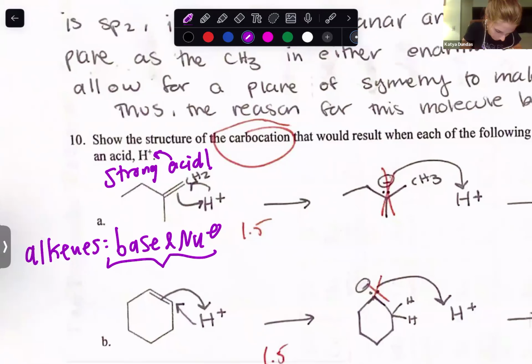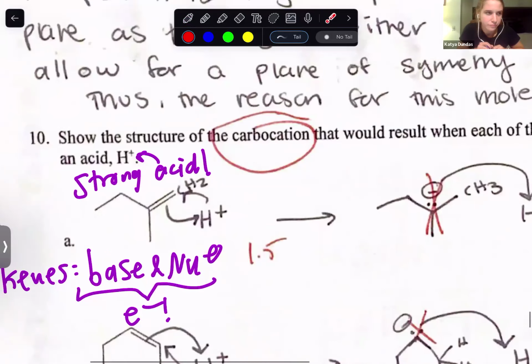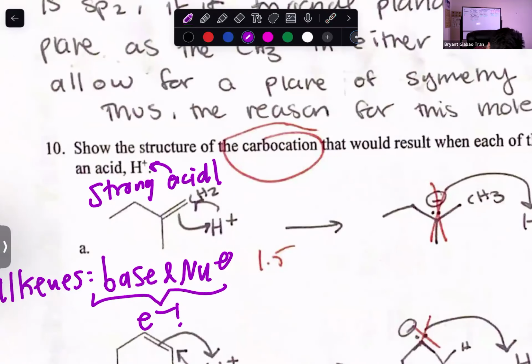And there's a cloud full of electrons in the region of the double bond, because the double bond represents a lot of electrons, 2, 4 electrons. Now, carbocation: carbo meaning carbon, cation meaning positive charge. Right.